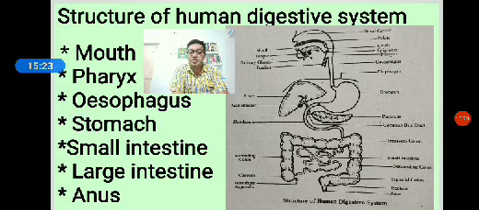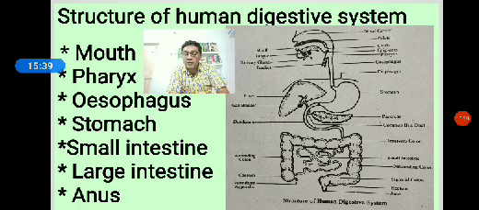The buccal cavity is the first part of the digestive system. The buccal cavity consists of the mouth bordered by lips in front and cheeks at the sides. The roof of the buccal cavity is called the palate.